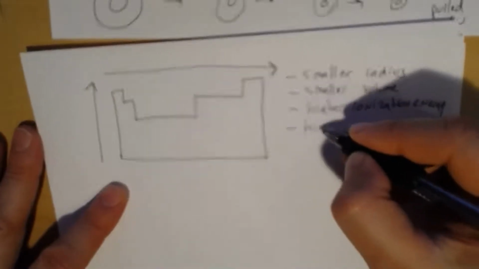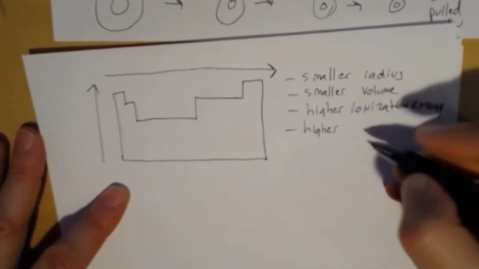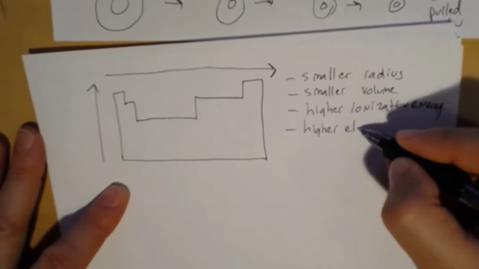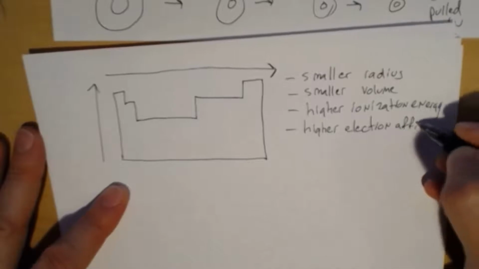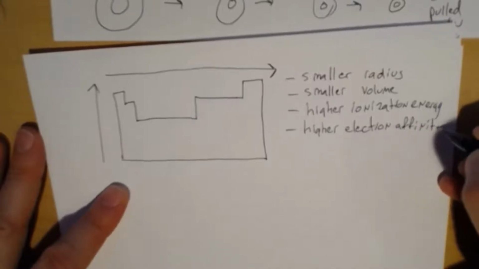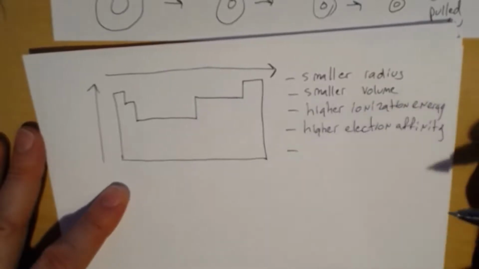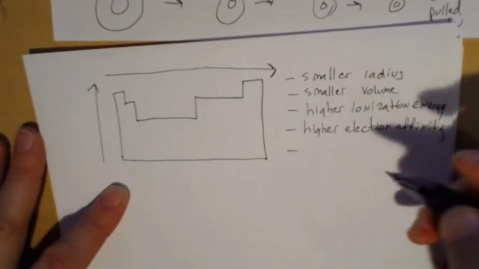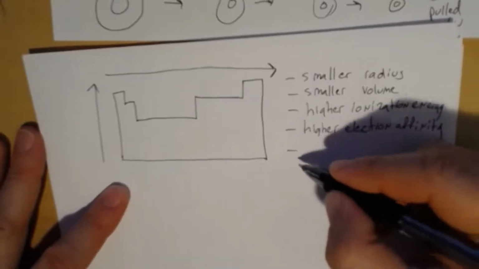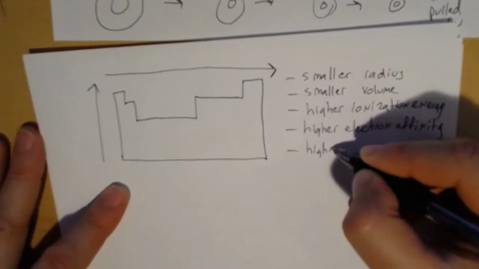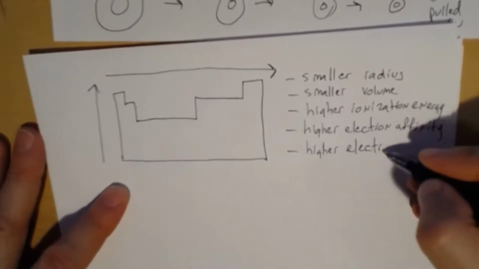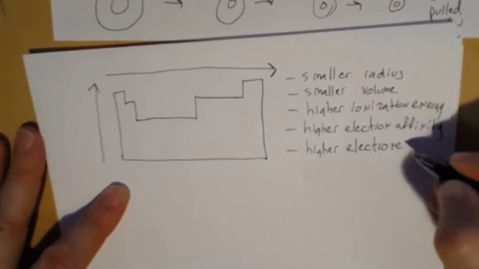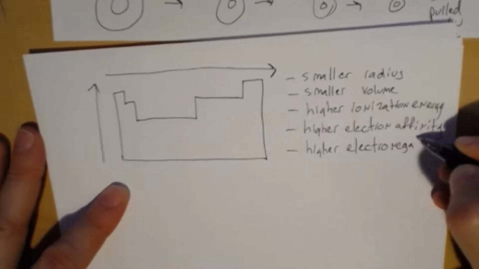A higher electron affinity. I'm going to have to define all these in a sec. They will have a higher electronegativity. That's technically in the next chapter, but it follows this trend, so I wanted to mention it.